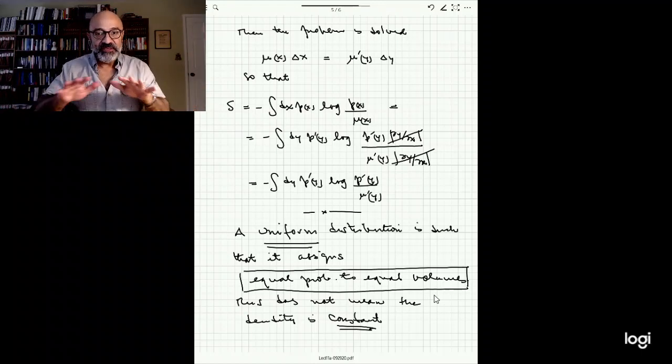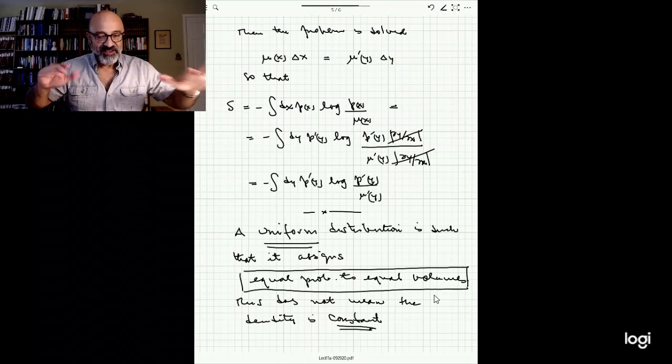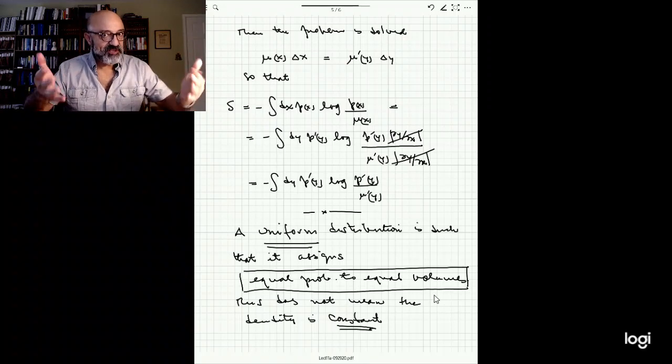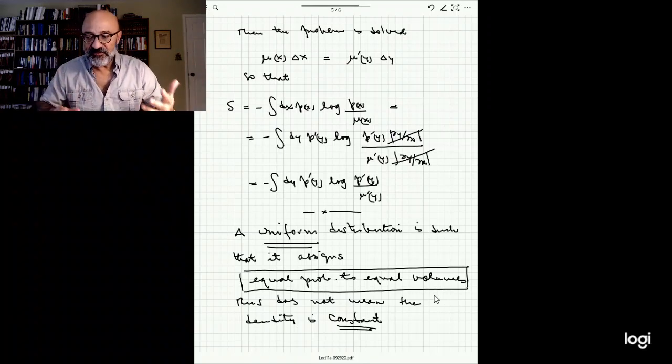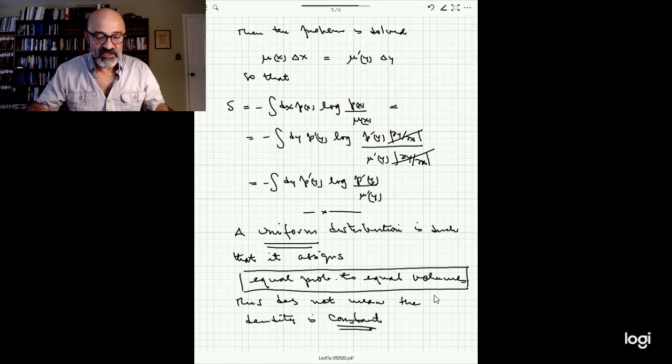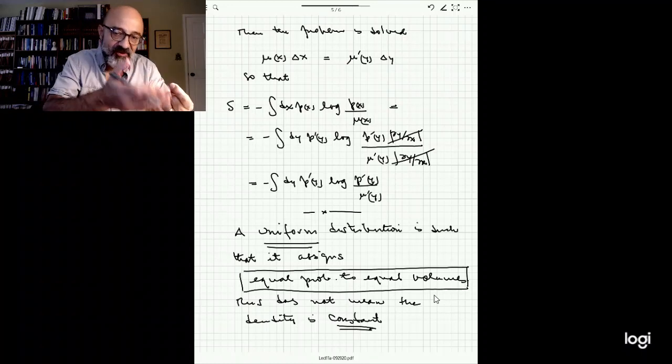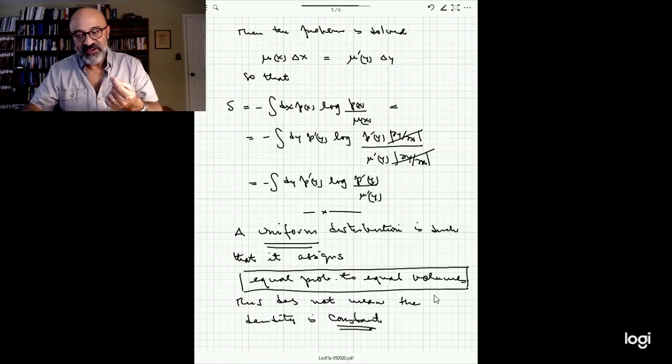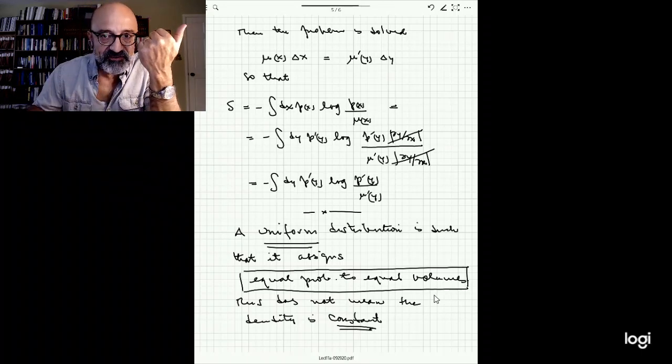But when you're dealing with spaces that are curved, is there a notion of volume there? There might be, there might not be. When you're talking about the probabilities of, say, positions, yeah, okay, there may be a notion of volume there. But you may be talking about the probability of a color.